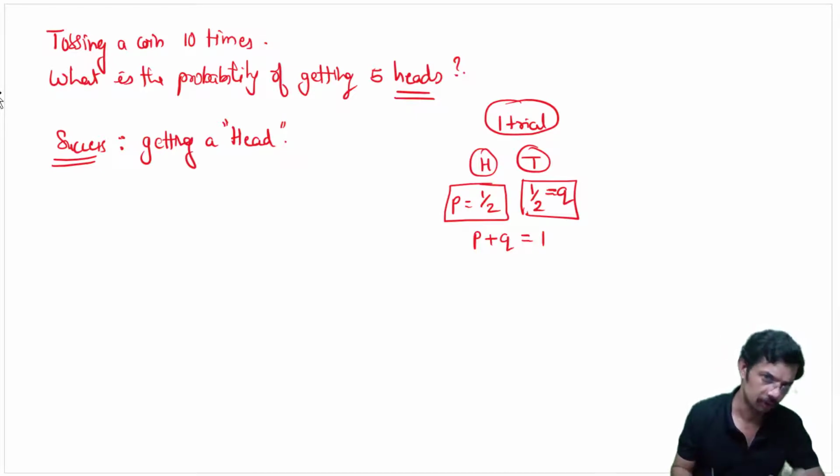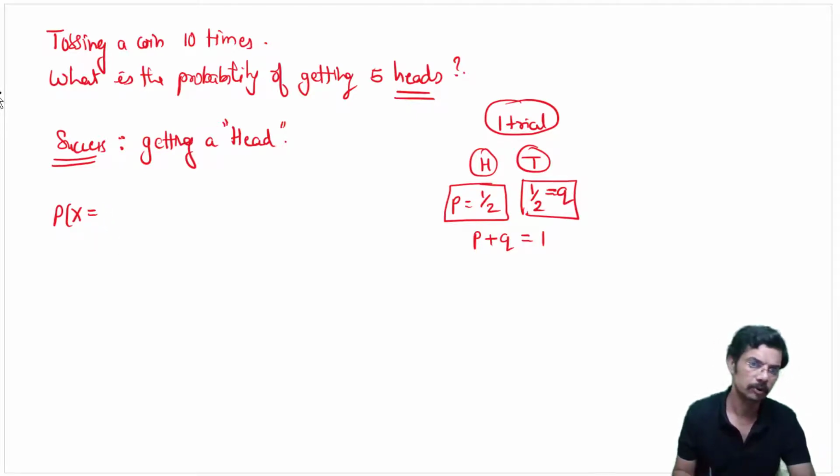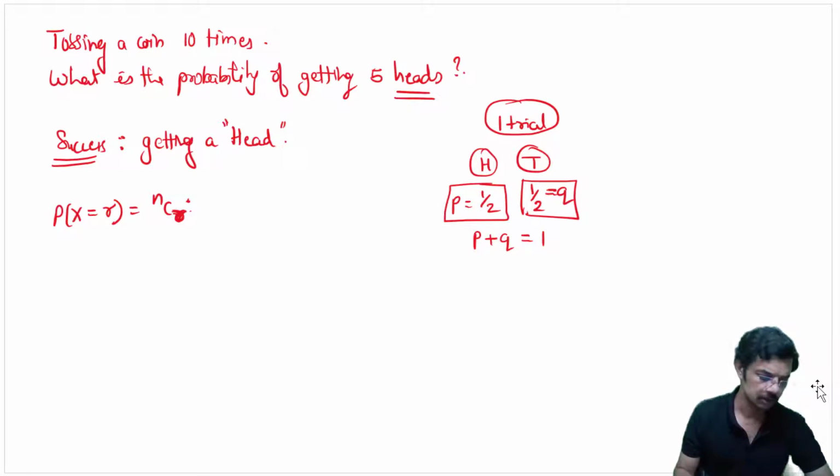So let us understand a formula, and the formula is this: probability of x equal to 5, or probability of x equal to r, is NCR into p raised to r into q raised to n minus r.